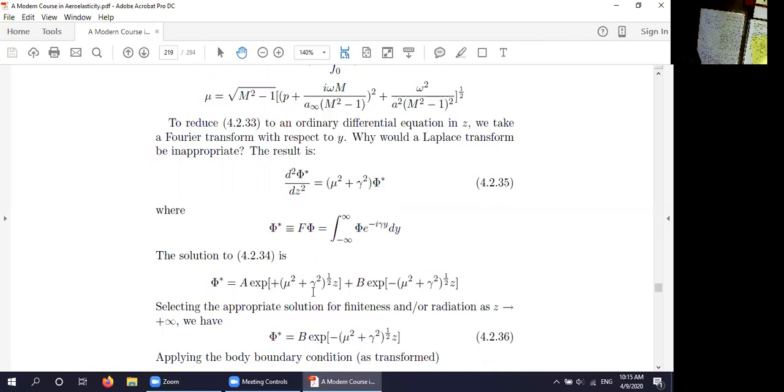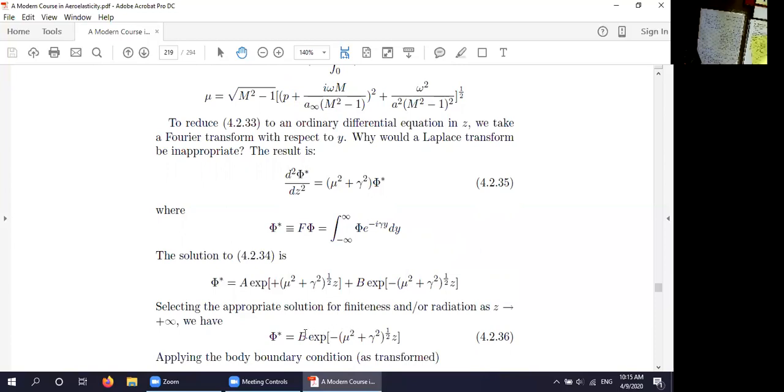That's requiring that the solution be finite or bounded at positive infinity. And by the way, if we wanted to know the solution below the airfoil at negative infinity, we do the same thing, except then we throw this solution away and retain this one. But from symmetry, once we know the solution above the airfoil with a minus sign, we have the solution below the airfoil. So anyway, what's left is this.